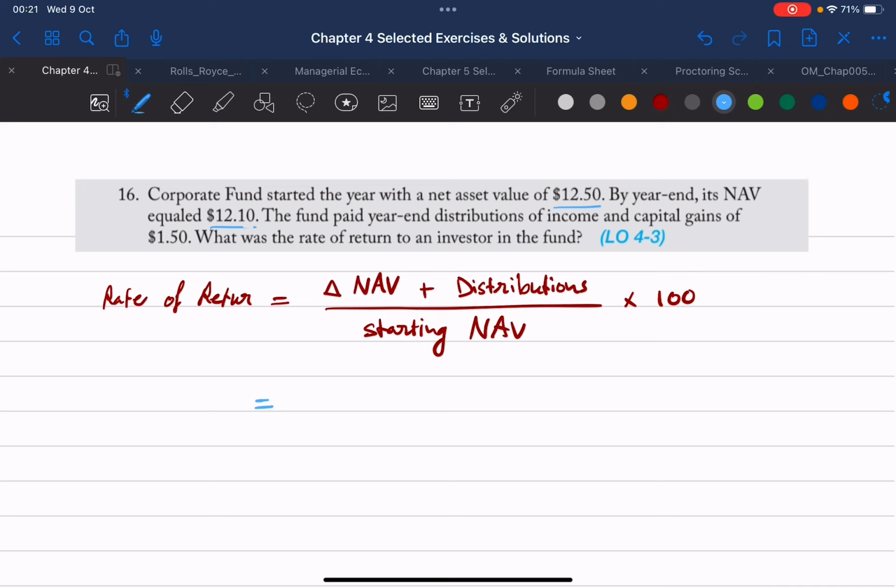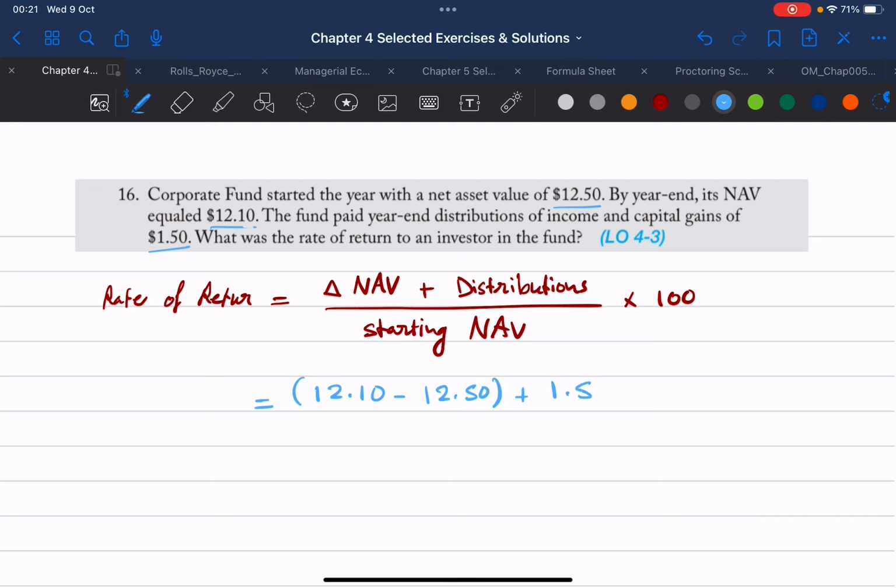And here, as you can see, the ending value was the $12.10. So I'll say $12.10 minus the beginning net asset value, which was $12.50. Okay, and then we will add the distributions, which is the $1.50 right here.